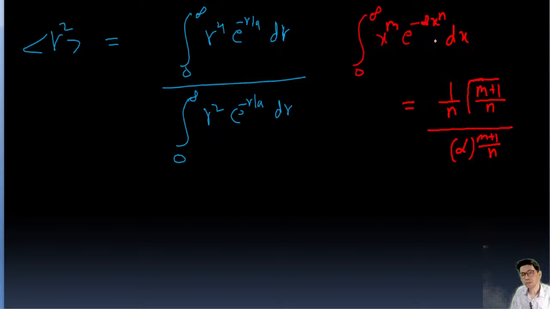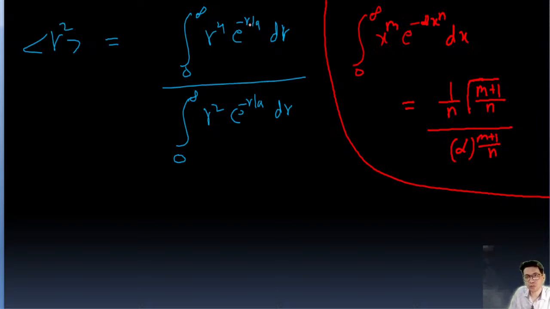So this is a very important formula, guys: integral 0 to infinity of x to the power m e to the power minus alpha x to the power n dx is 1 upon n gamma m plus 1 upon n, alpha to the power m plus 1 upon n. Here, in the numerator, r to the power 4 means m equal to 4, and r upon a means r to the power 1, so n is 1.